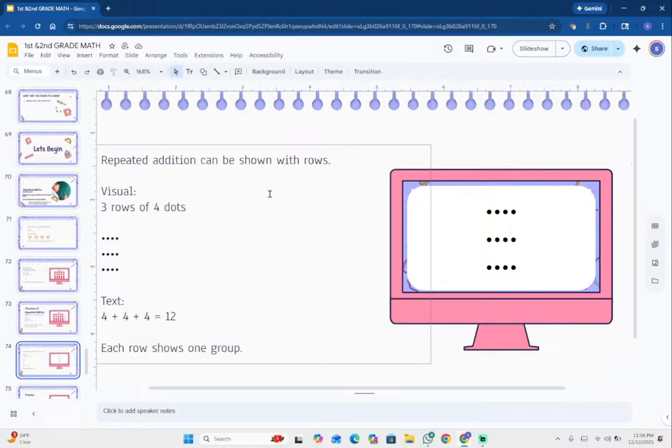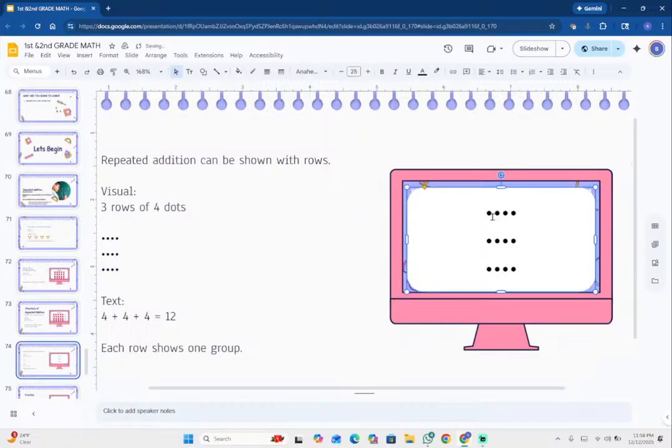Repeated addition can be shown with rows. So 3 rows of 4 dots. 1, 2, 3. This is the first row, this is the second row, this is the third row. And there's 4 in each of them.